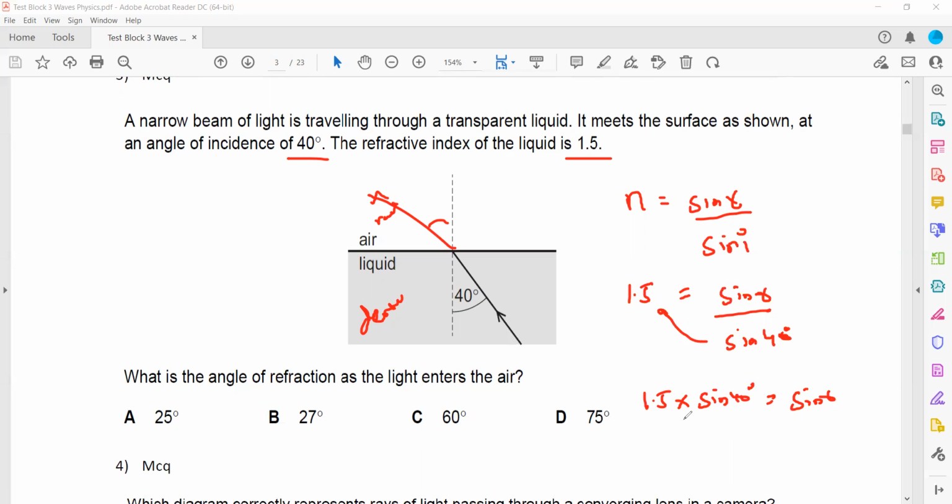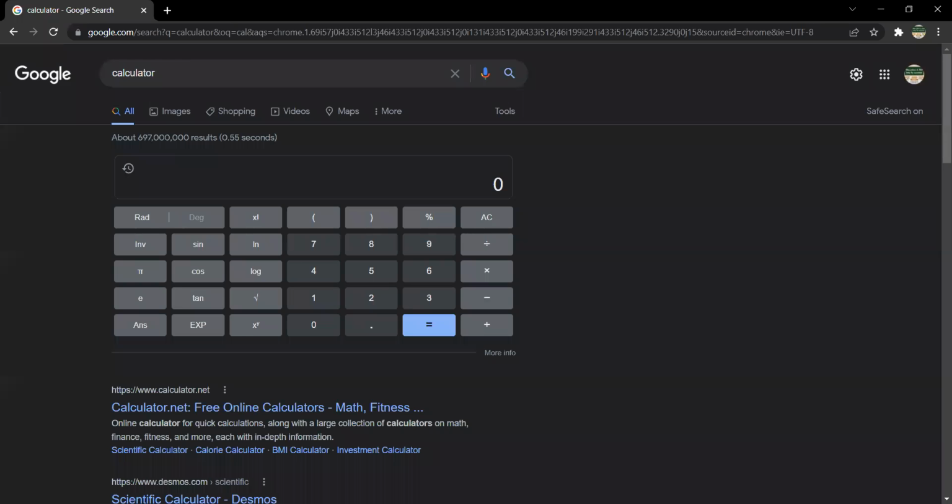And then 1.5 is the refractive index, and the angle of incidence is equal to 40 degrees. So we have the angle of incidence, and the refractive index 1.5 multiplied by sine of the angle 40.